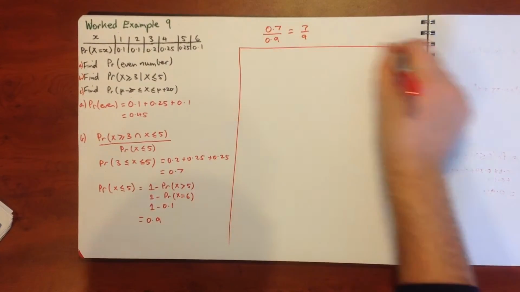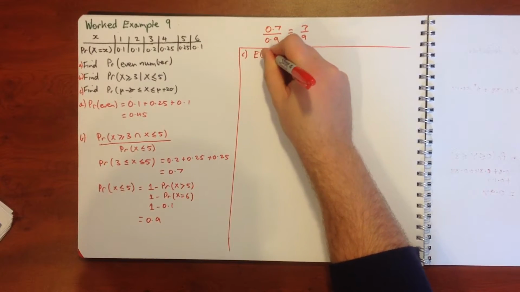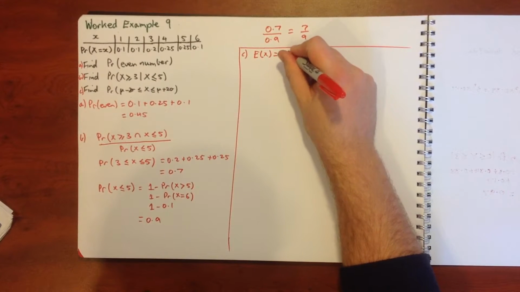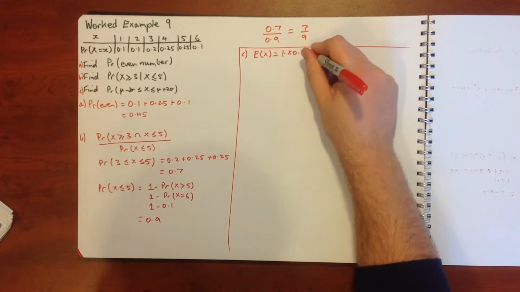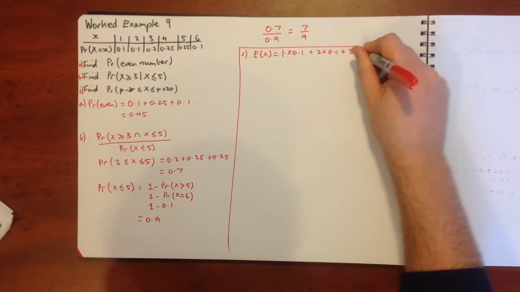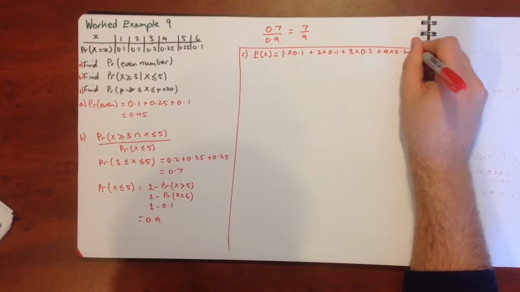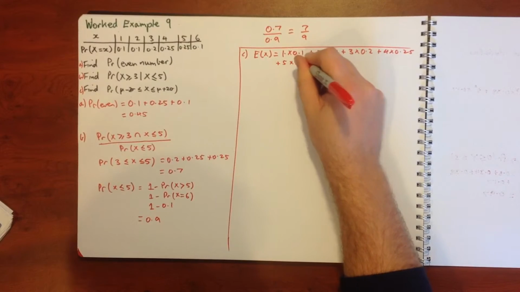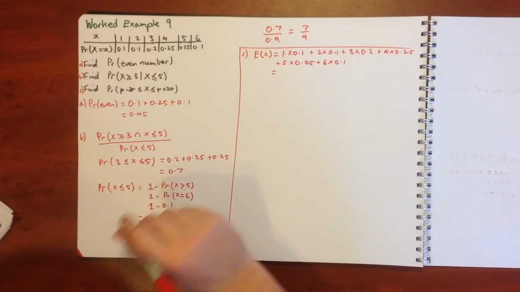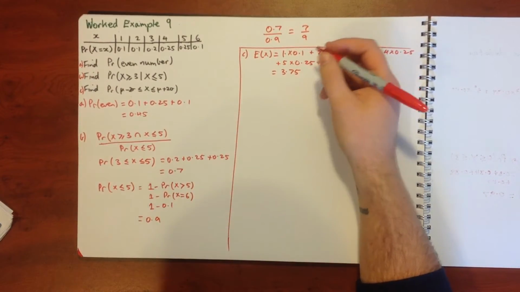So for part C, we need E of x, and remember that's 1 times 0.1, 2 times 0.1, etc. So 1 times 0.1 plus 2 times 0.1 plus 3 times 0.2 plus 4 times 0.25 plus 5 times our 0.25 plus our 6 times 0.1. When we do that, we find that we get 3.75. So that's our expected value which we need.